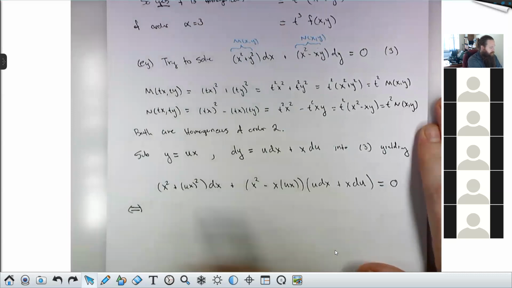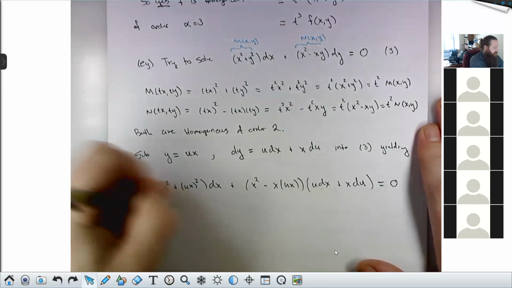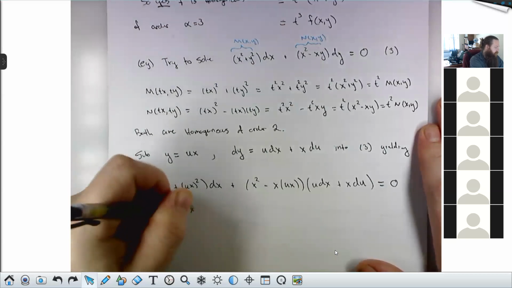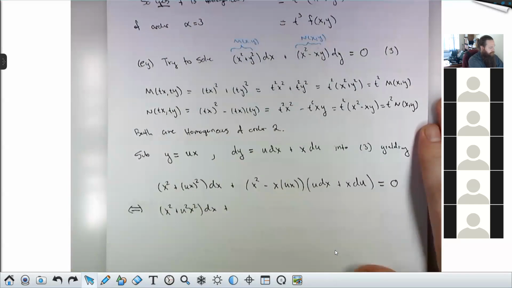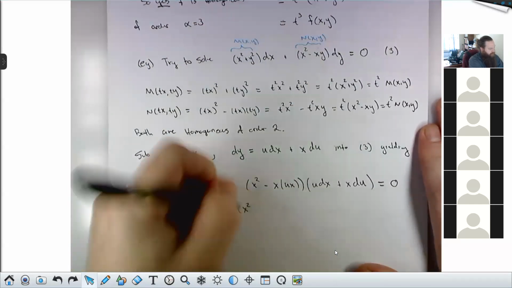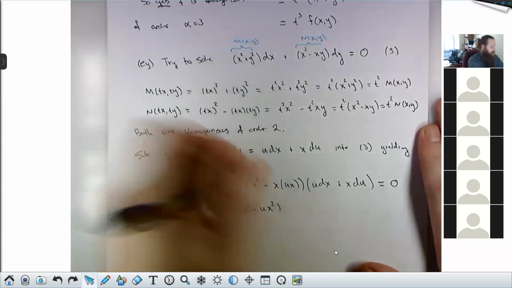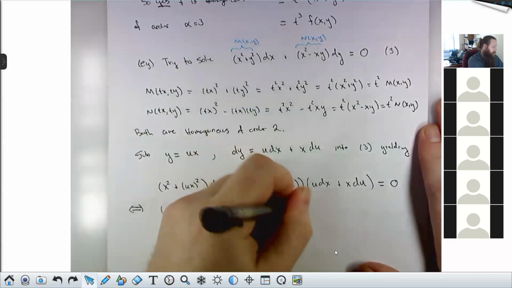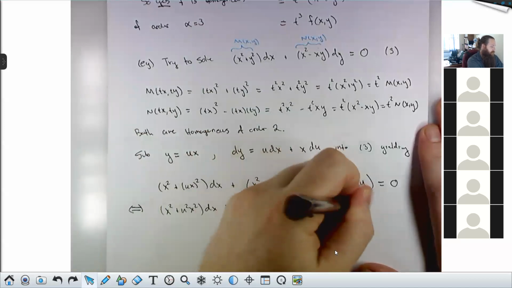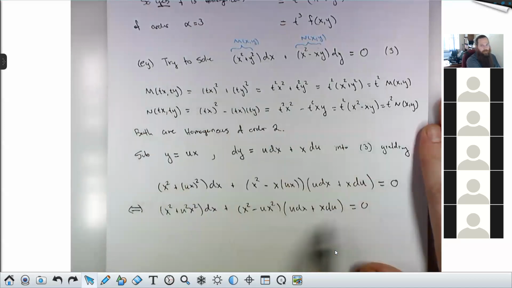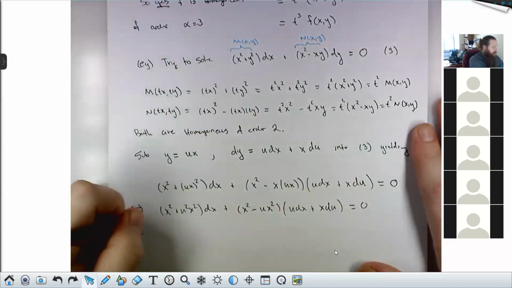So that's the result of the substitution. We're going to, again, kind of blow everything apart. So this is x squared plus u squared x squared dx plus x squared minus u times x squared multiplied by u dx plus x du, equals 0. And now I need to kind of FOIL these. I need to distribute everything.